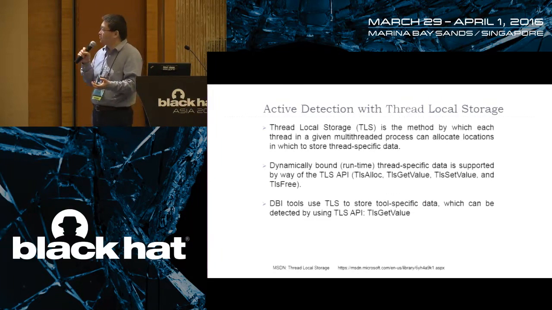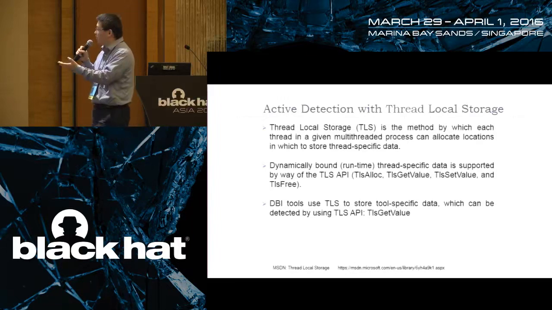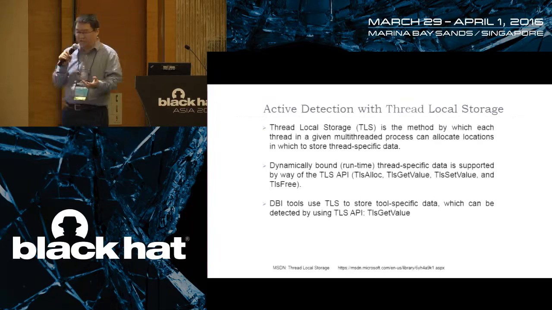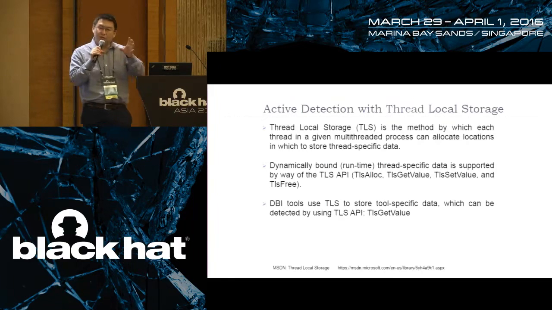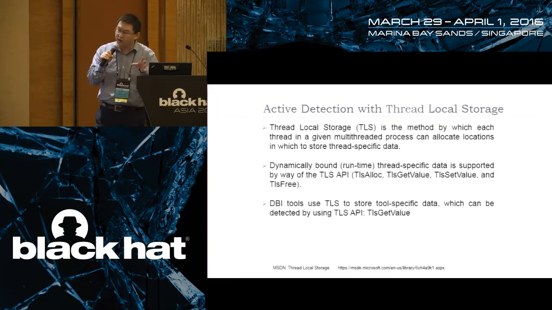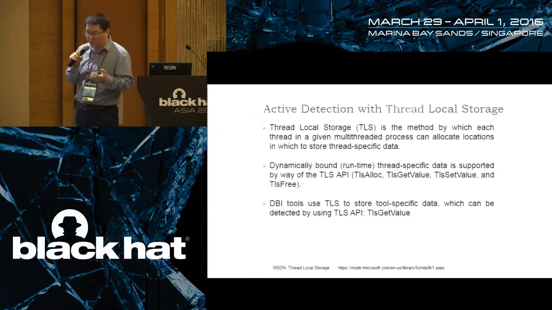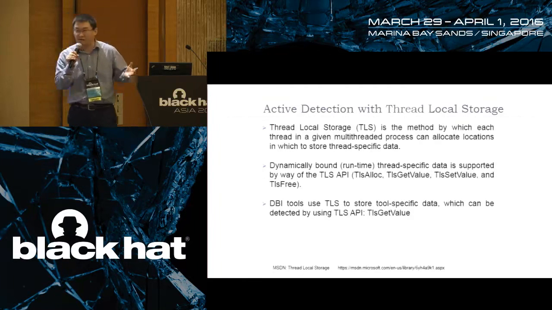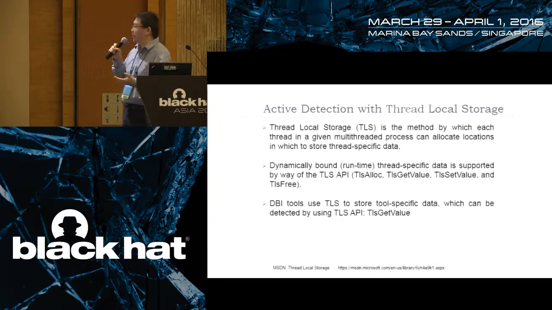In Windows, they have APIs like TlsAlloc, TlsGetValue, TlsSetValue, and TlsFree. That allows you to get space in per-thread memory, and you put some content there. This is tied only to the current thread. That's the basic facility. A DBI tool also needs to keep something per thread, so it uses that. So that's very straightforward to detect DBI.